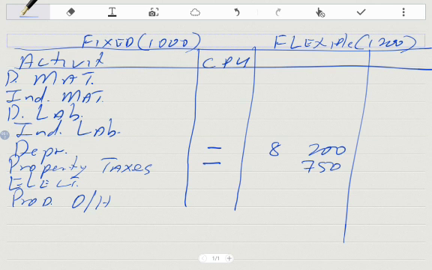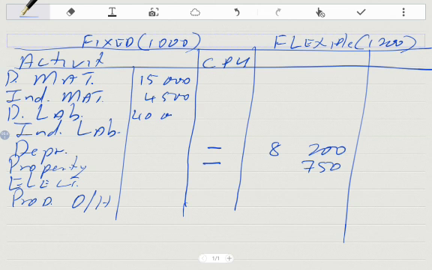And coming to the direct material, we have to calculate the cost per unit. I need some space here so that I can show these figures. So we've got 15,000 here, 4,500 on this side, 40,000 here, and 12,000 on your indirect labor.